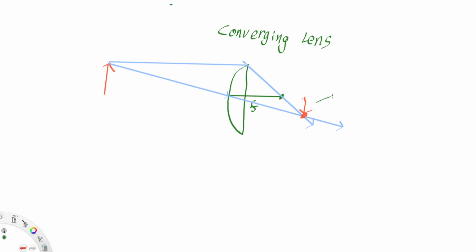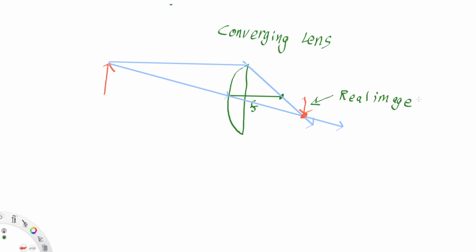This image is called a real image. Note that a converging lens will produce a real image most of the time.